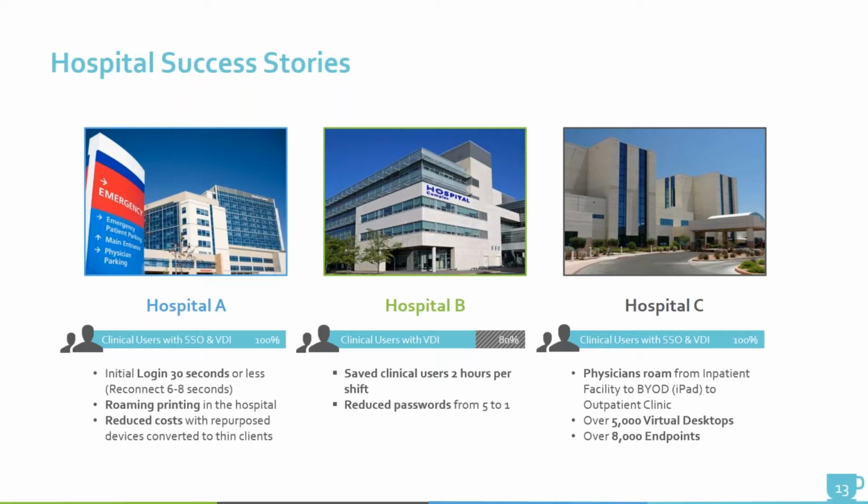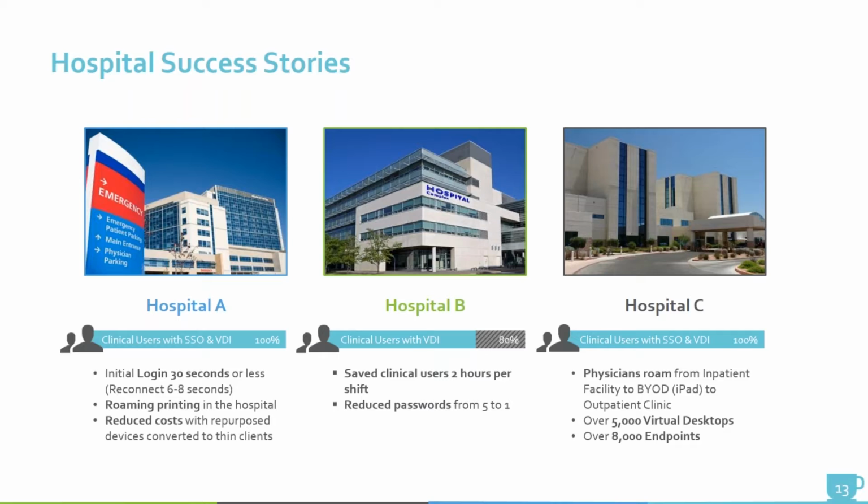So many of the physicians will actually start their virtual desktop in their clinic, tap out, pick it back up on their iPad as they're walking to the acute care facility to do rounding, and will pick that desktop back up. The roaming from ambulatory to iPad, which is remote, to acute is very important so they can keep their lists up so they can know the patients that they need to visit and in what order they need to visit.